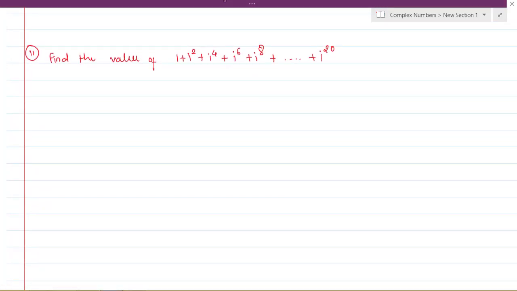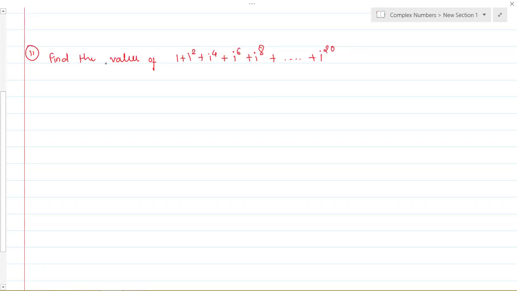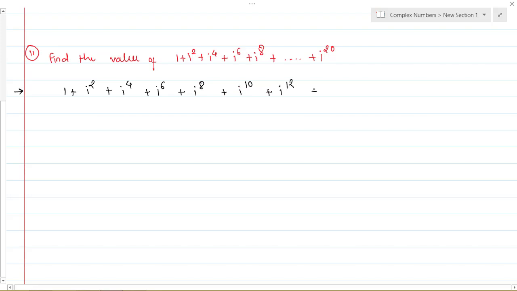I told you that whenever you get any power of i, first we have to make it in terms of the square. Let's see how we can solve this question. Let's write down all the terms given here: 1 plus i squared plus i to the power 4, i6, i8, i10, i12, i14, i16, i18 and last we have i20.